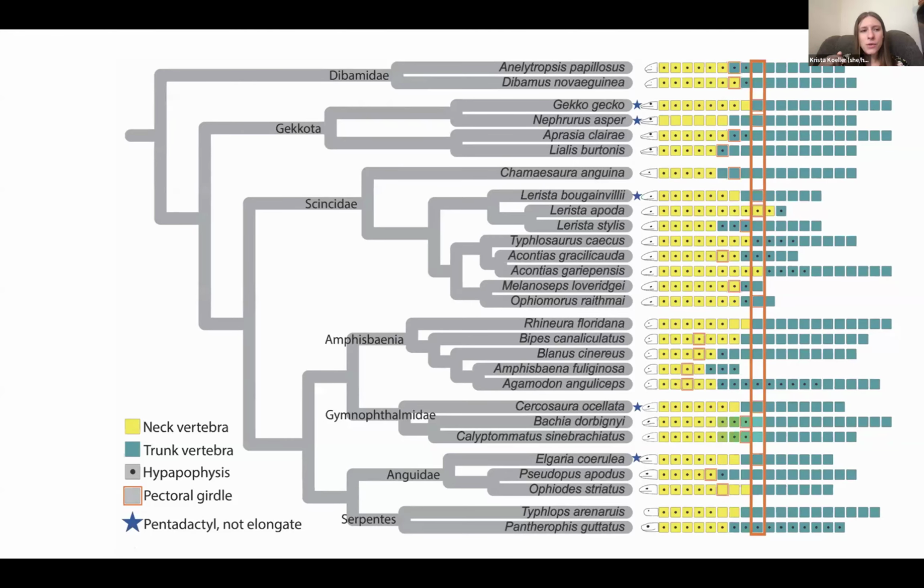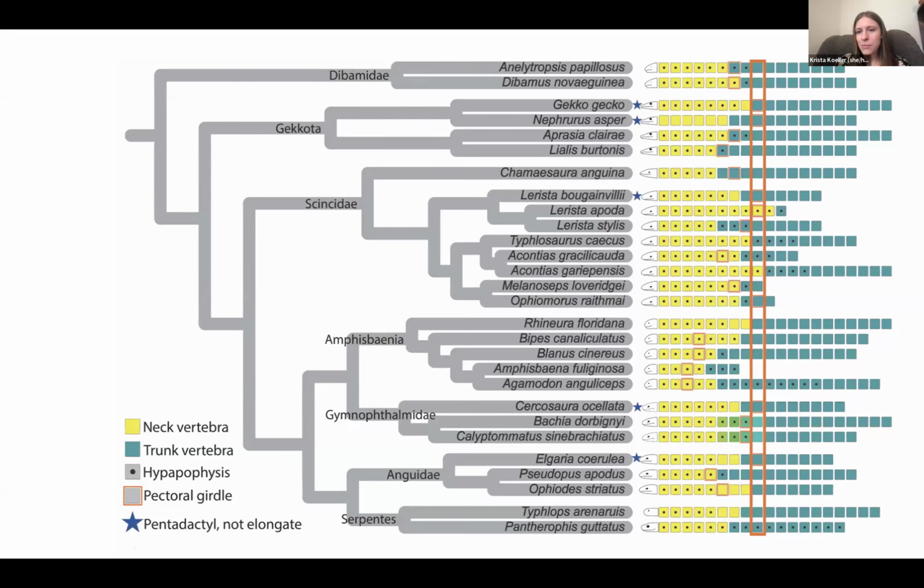It seems like most of the action is happening to the left, which means that basically no matter how you slice it, the neck-trunk boundary is moving anteriorly with evolution. So over the course of elongation, the neck is actually getting relatively shorter in most of these species.